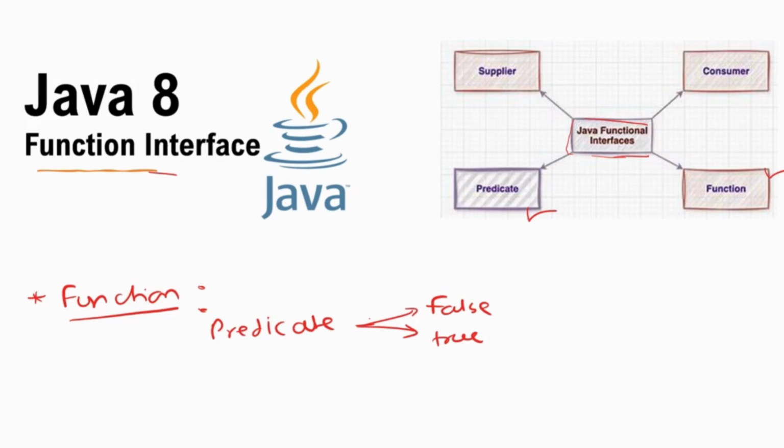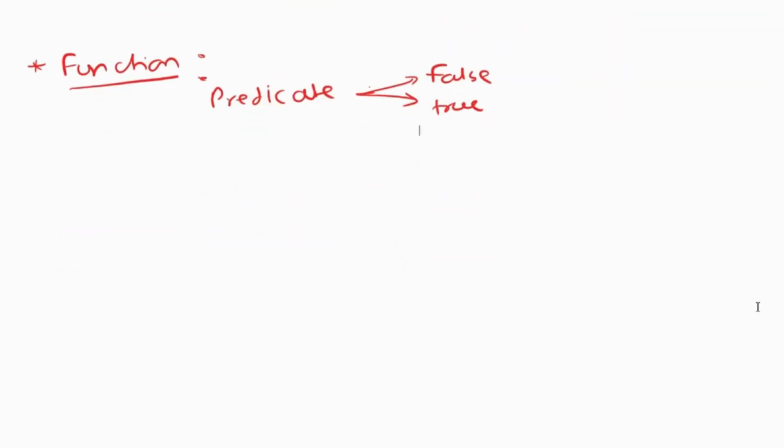It is used just to check a condition. It takes only one argument and checks a particular condition. If it is true, it will return true; if it is false, it will return false. But in the case of the Function interface, it will take one argument.